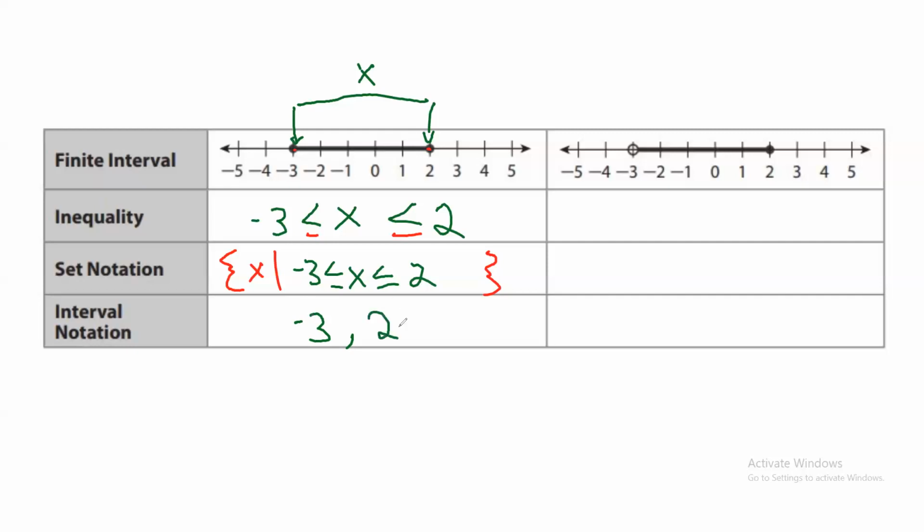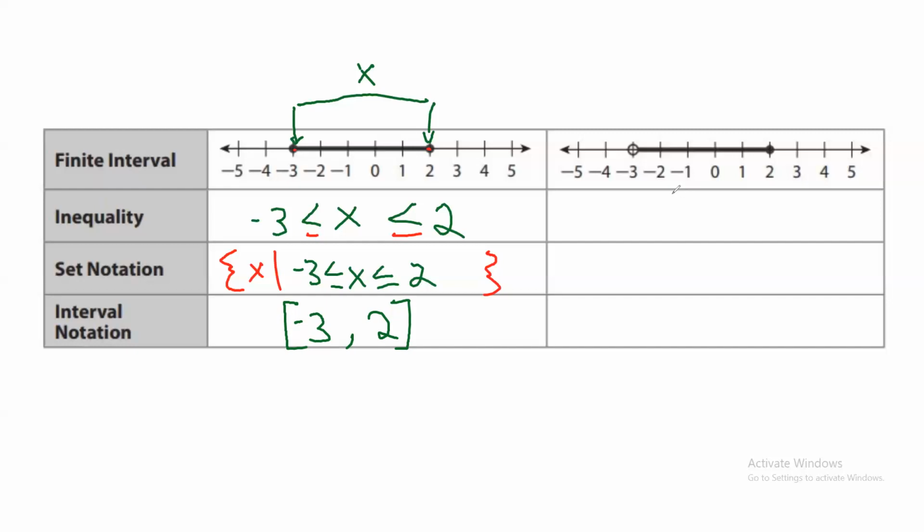Right? Is -3 included or excluded? Included, so it's going to be bracket. 2 is included or excluded? Included, so it's going to be bracket. That's it. Okay. Questions on that? No? Let's try another one.